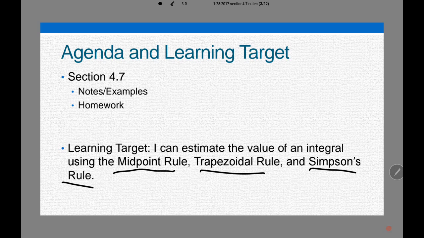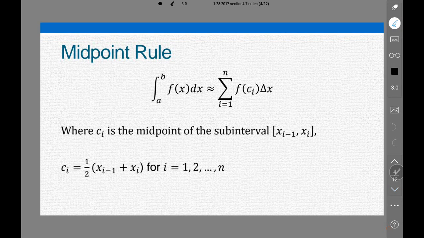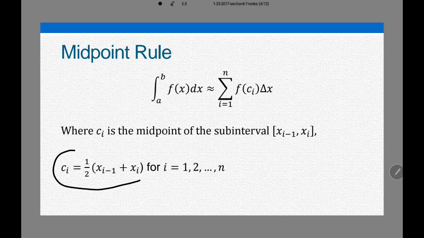The midpoint rule is pretty much what we've already done with Riemann sums, except we're doing it with our c_i's being the midpoint. Since it's tedious, we're really not going to do too many of these with n being more than 4, because otherwise the calculations are too long and drawn out. The same goes for the other rules, we're only going to do some of these by hand.